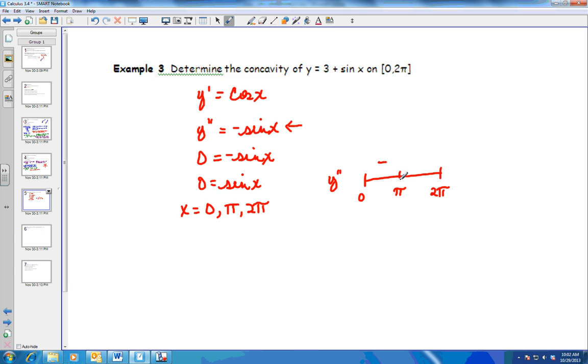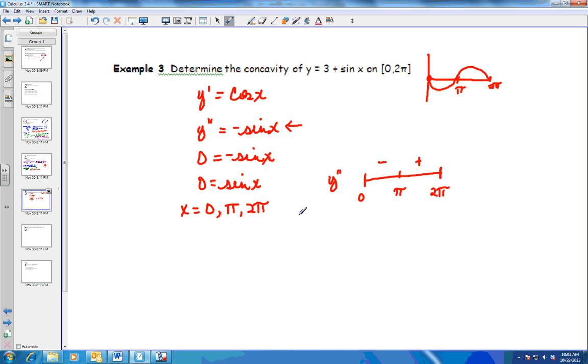When I plug in a number between pi and 2 pi, I'm going to get a positive answer. That makes sense because if you remember what negative sine looks like from 0 to 2 pi, it looks like this. That's the graph of negative sine x. So it's negative from 0 to pi, positive from pi to 2 pi.